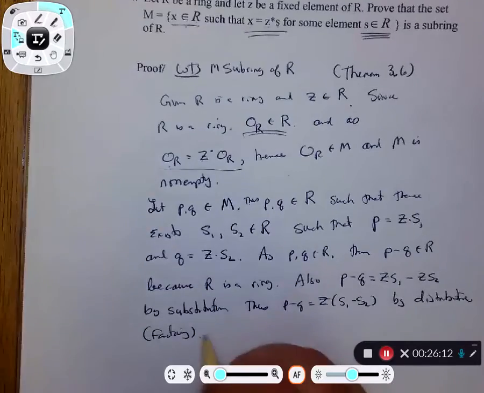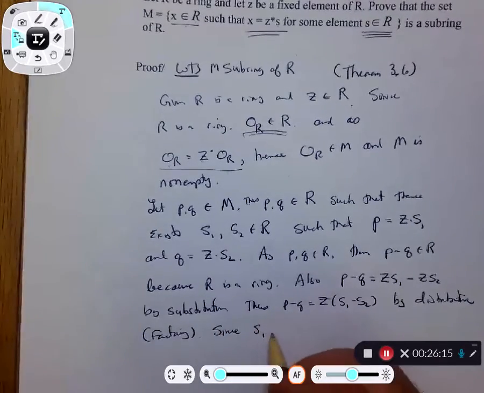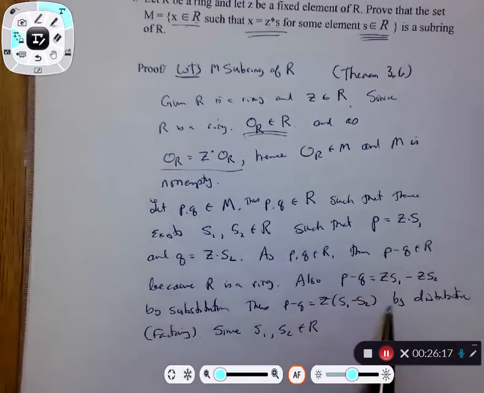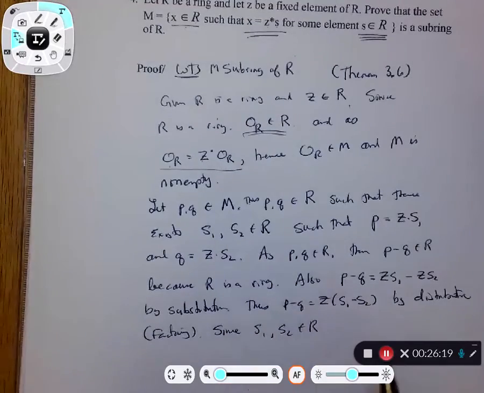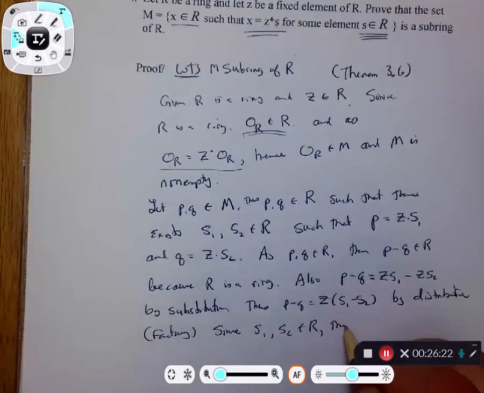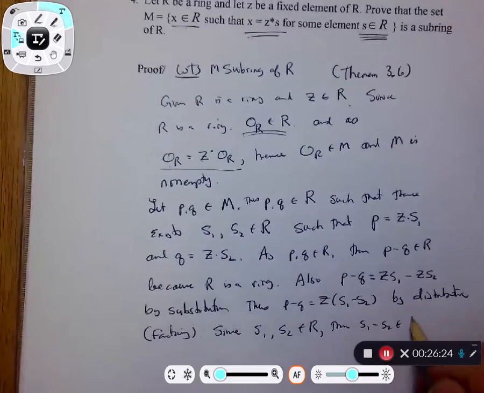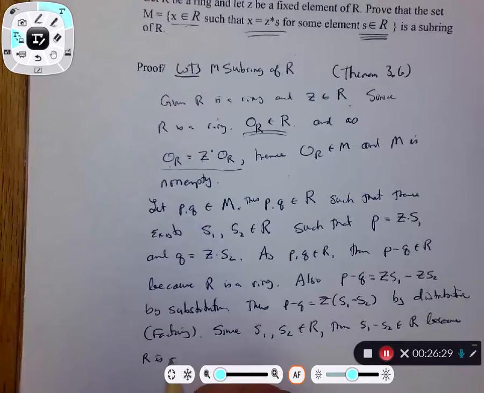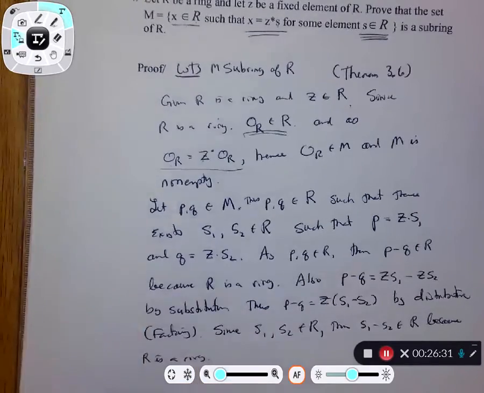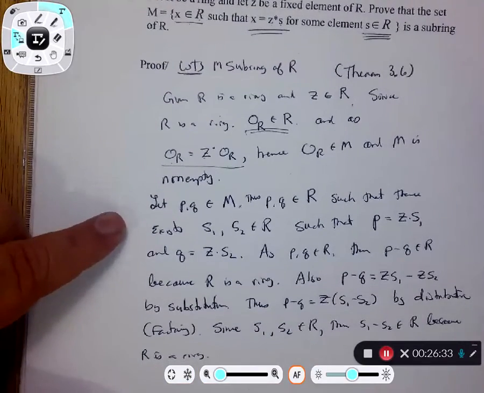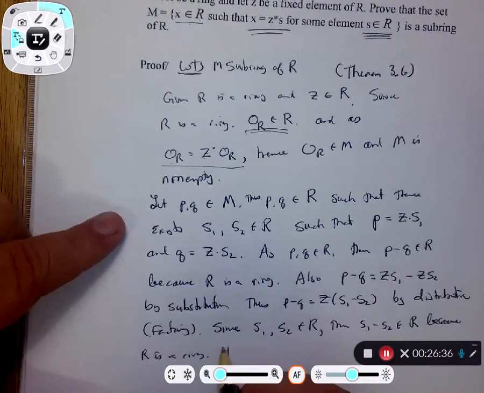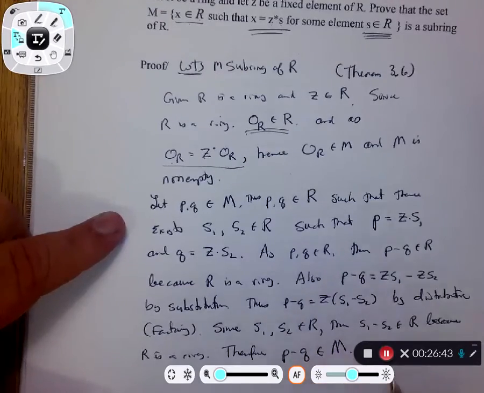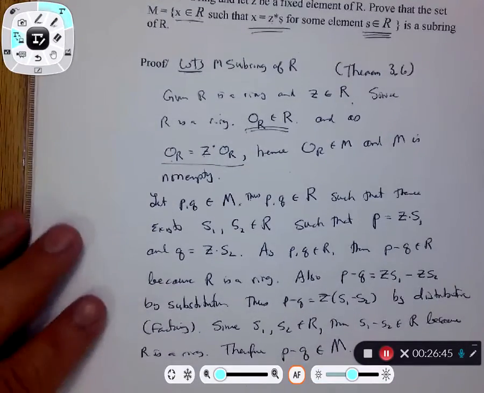Well, since S1 and S2 are elements of R, that's where they came from, then S1 minus S2 is an element of R because R is a ring. Therefore, P minus Q is an element of M. And I have my closure under subtraction.